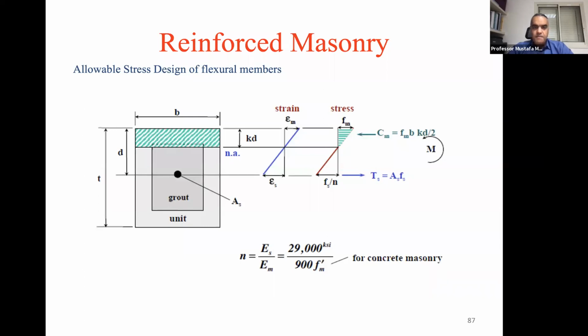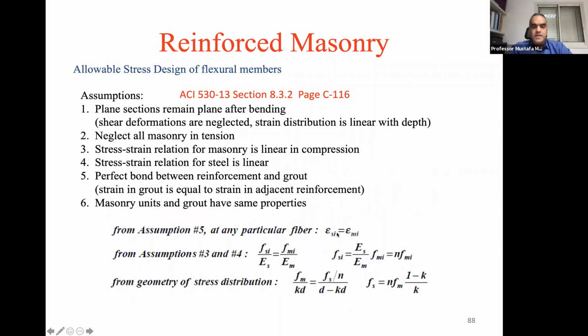So now, using this free body diagram and the concept of the stress distribution, allowable stress design, we can calculate the resistance of this element. So take moment about one, find the moment. That will give you what you have here in terms of the moment resistance.